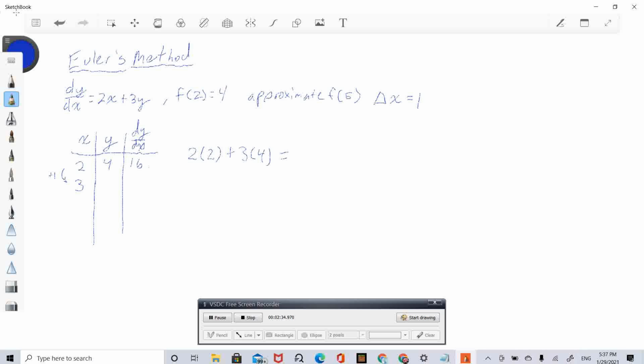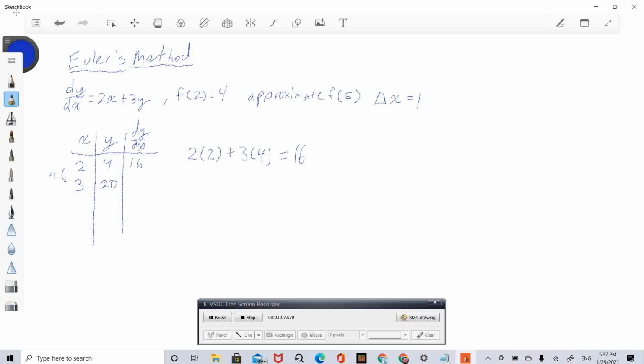If we assume that slope is constant until we reach the point x equals 3, which is not accurate to how the function works, but this is for the purposes of the approximation, this is how we're doing it. Then we would increase our y value by 16 because our step size is 1. So at x equals 3, we can approximate the y value to be 20.